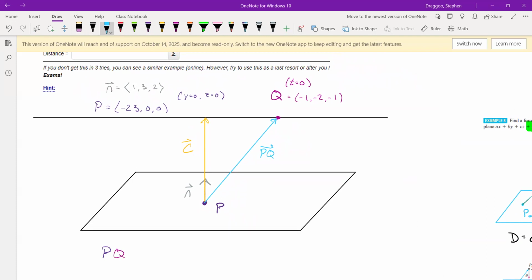Let's put a blue hat on it. It is the vector -1 minus -23, so plus 23. And then -2 minus 0, -1 minus 0, giving me a result of 22, -2, -1.